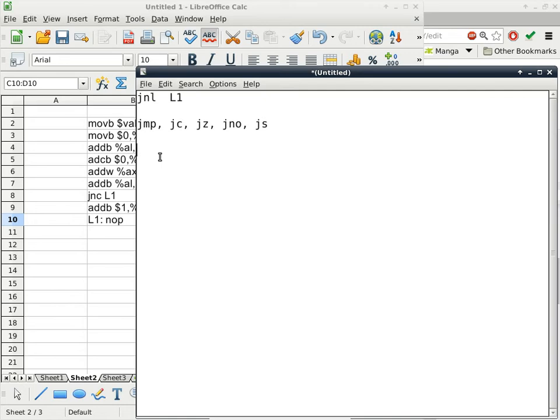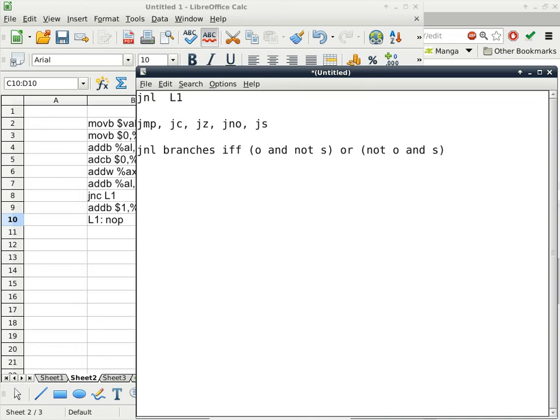JNL branches if and only if what? Greater than. It's not less than. Right. So it branches if and only if it's greater than. Not O and not sign, or O and sign, right? Because it's the exclusive OR of the sign flag and the overflow flag.